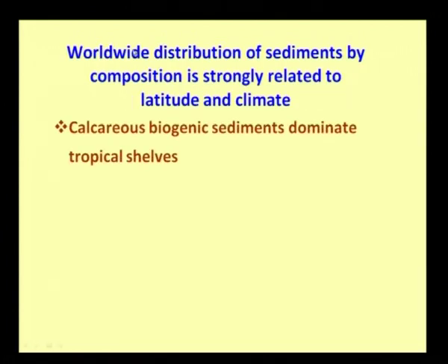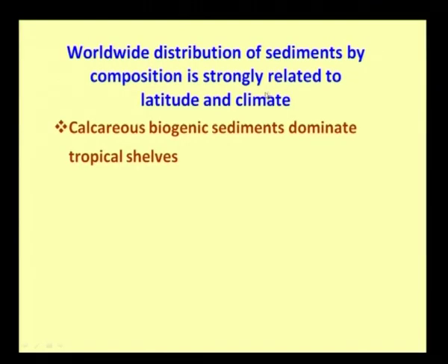And now, the worldwide distribution of sediments by composition is strongly related to the latitude and climate also, because the type of soil at a particular place depends upon the latitude and the climatic condition in that particular area. Therefore, there is a particular relationship between the type of soil available and the latitude and climate, and depending upon that, the sedimentation can be divided into some categories.